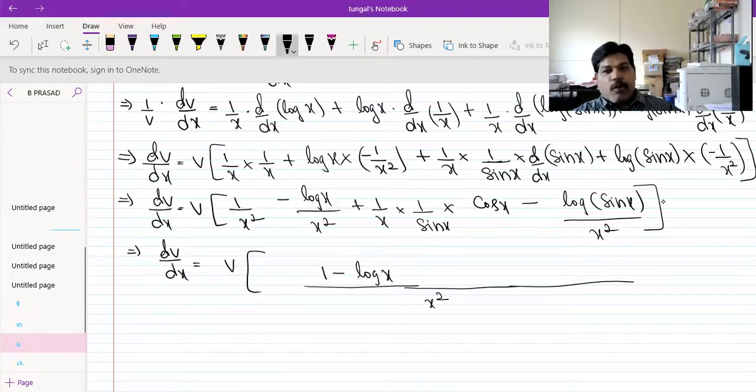Cos x by sin x is cot x. Here the denominator is only x, but you have taken the LCM as x square, so you have to multiply this term with x, so it becomes plus x cot x. Minus log of sin x.